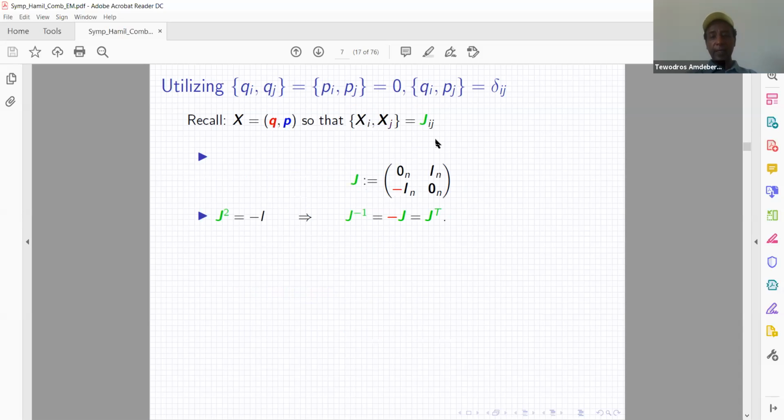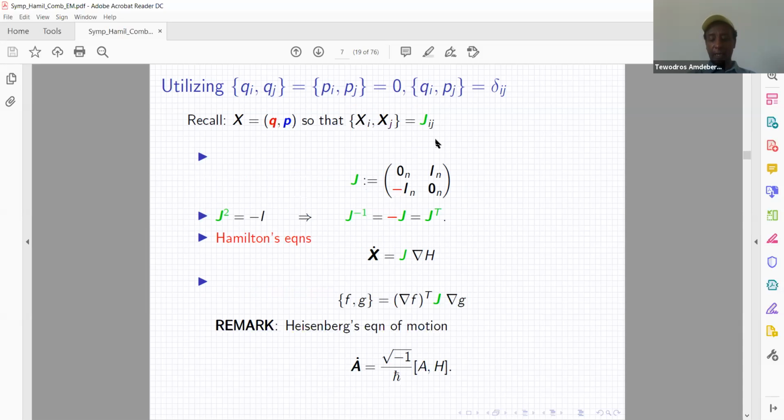And then on this page, I'll just go all the way to the end. The only thing I'd like you to keep in mind is that there is a certain matrix called J. It's a twisting matrix. Then the Hamiltonian equation, this is the highlight on this page. On the left-hand side, you have derivatives. And J is this matrix with identity below the diagonal and negative identity above, a 2n by 2n matrix, multiplied by the gradient of the Hamiltonian.